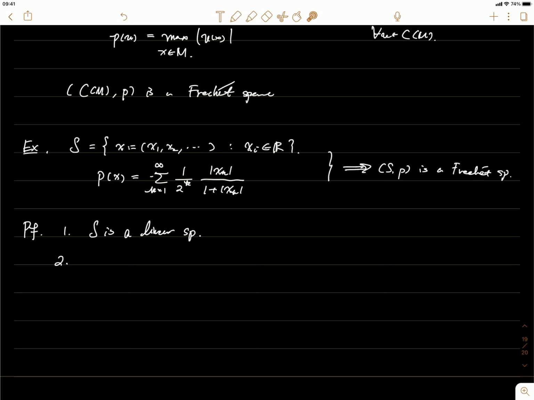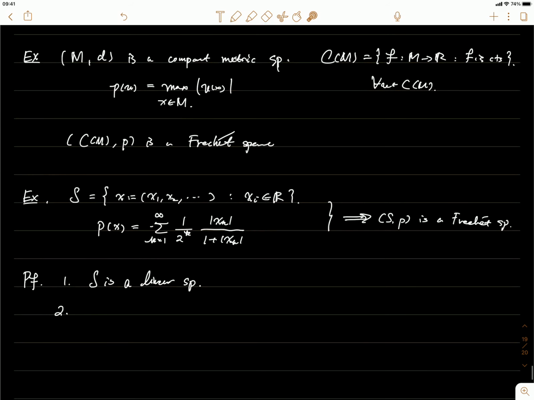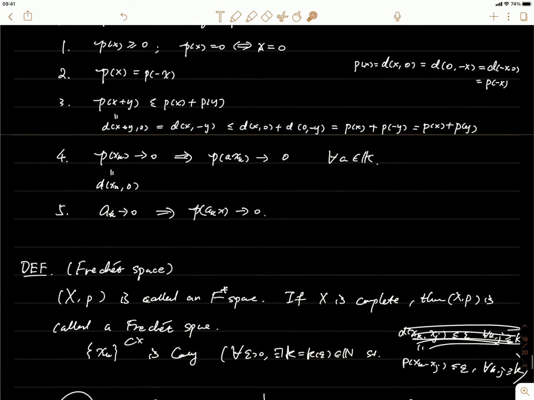So if this is equal to 0, every term like this is equal to 0. Okay, so it's positive definite. And it's also symmetric. You take the negative sign on all of them, and you get the same P value. So that's the second one.